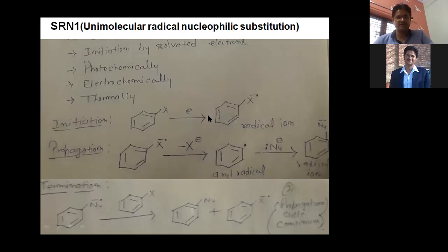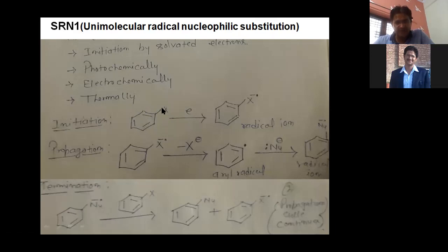You require a solvated electron. Once you get the solvated electron, it reacts with the haloalkane. Here, similar to the benzyne mechanism, the important compound is not activated; that is halobenzene. It may be chlorobenzene or bromobenzene or something else.